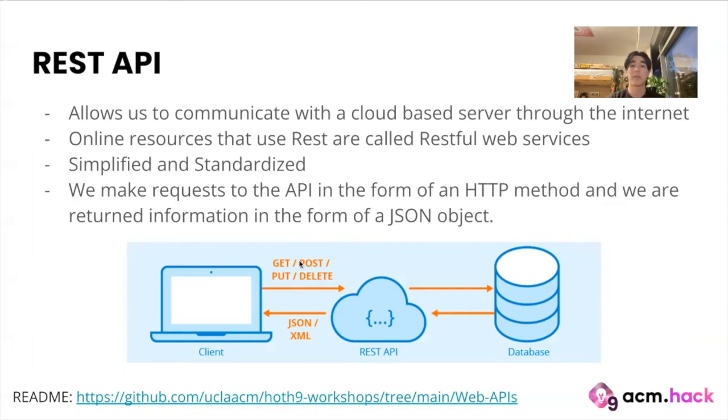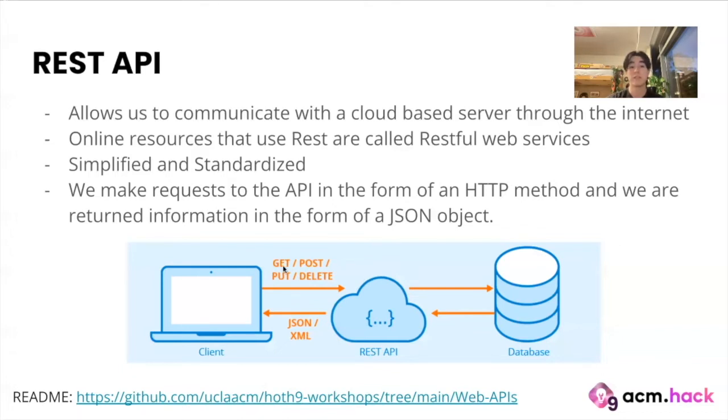When we're making requests to the API for information or something else, it's always in the form of an HTTP method when it comes to REST APIs. When we make these requests, we are returned information in the form of a JSON object, or a JSON file. We'll talk about what a JSON file is in a little bit. This diagram is a general look at what REST APIs do and how they work.